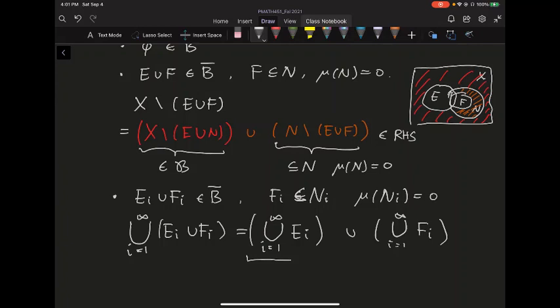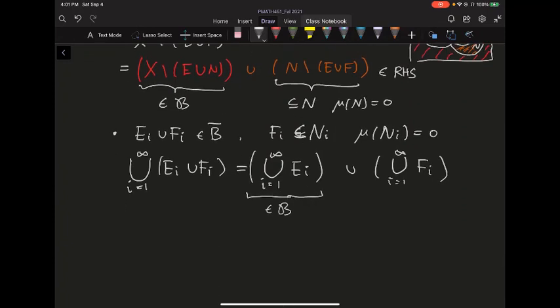Well, the first part again is a countable union of elements in B, so it's in B. I want to show the second part is inside a null set. So let's consider the second part. This infinite union of the F_i is going to be contained in the infinite union of the N_i.